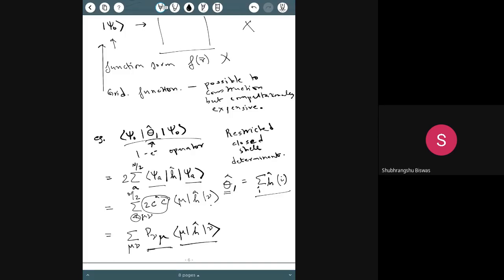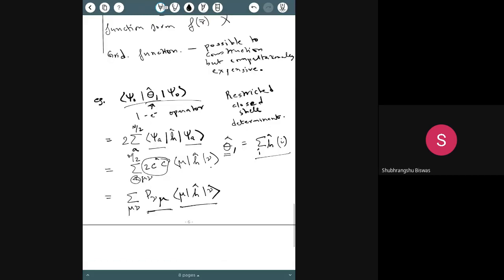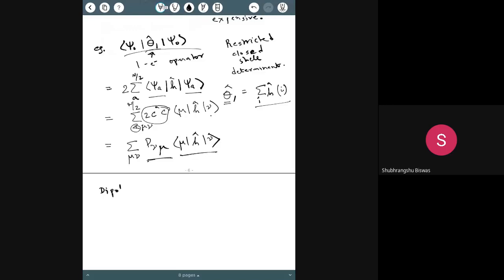So what sort of operators can we expect? The dipole moment.